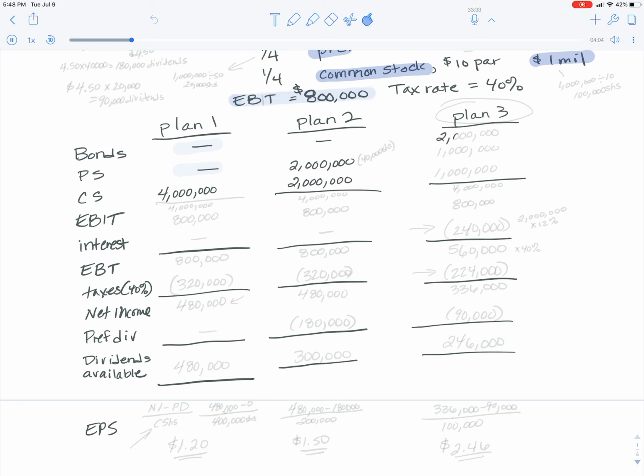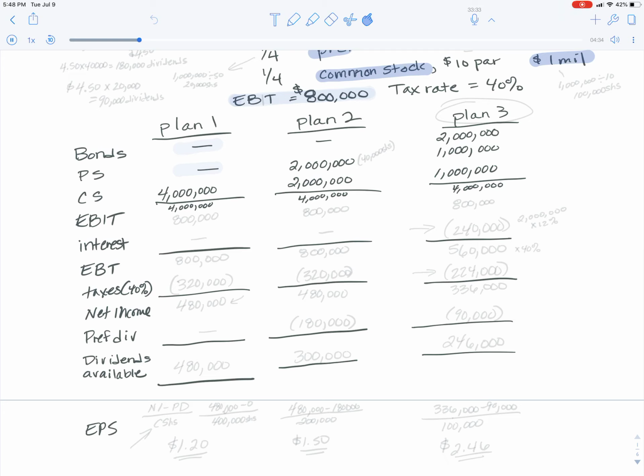And in the last plan, we're going to get $2 million of bonds, $1 million and $1 million from our different classes of stock. So in all of these situations, we have a plan for $4 million. And different elements cost us money.